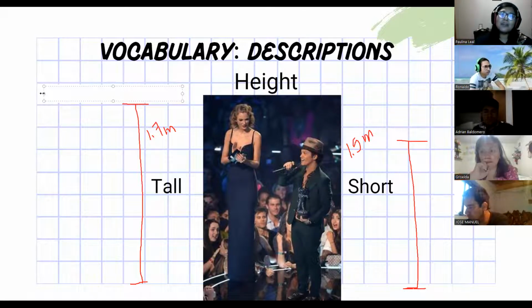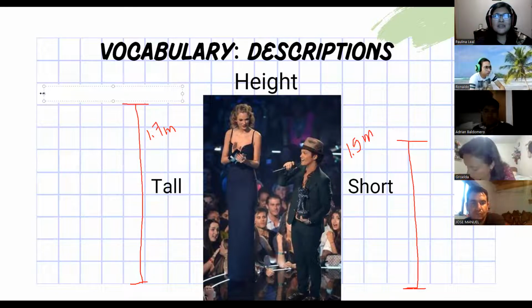Es igual que en español, chicos. Cuando hablamos de altura, yo no voy a usar have ni has. ¿Por qué? En español, yo no digo yo tengo alto. No digo él tiene chaparro. Yo digo soy alta.